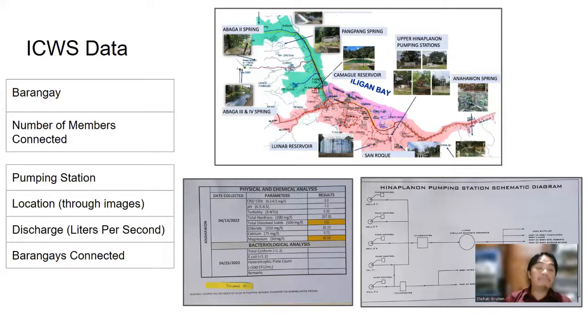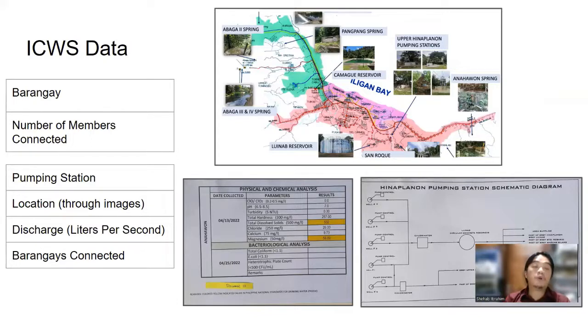We got the barangay data, which contains the number of members connected, and we also have the list of pumping stations and their locations. The location, actually, they just provided as an image, and then we estimated the location of each pumping station from this image and saved it for our GIS visualization.